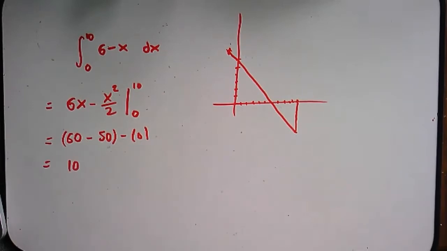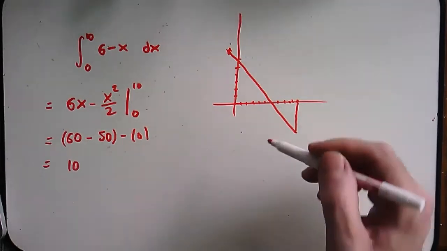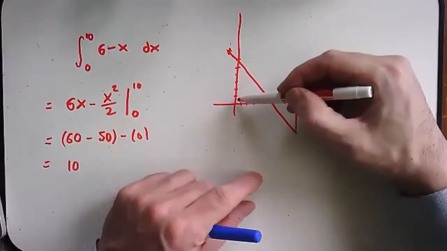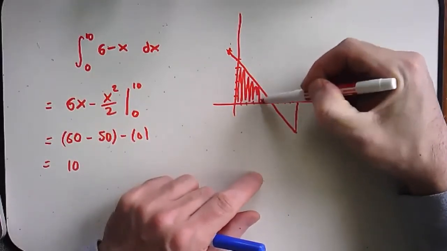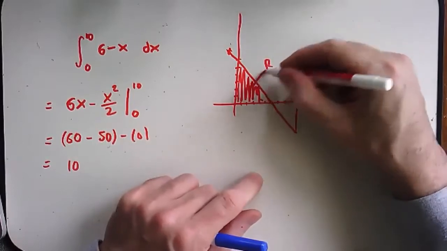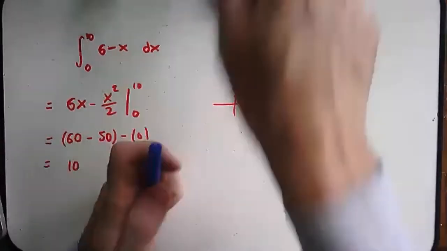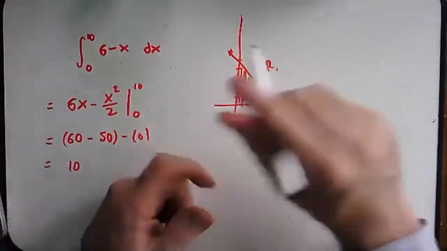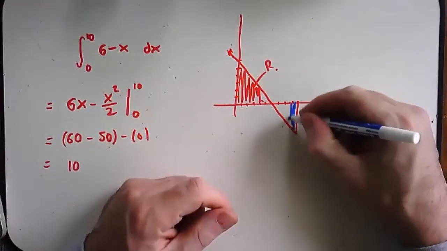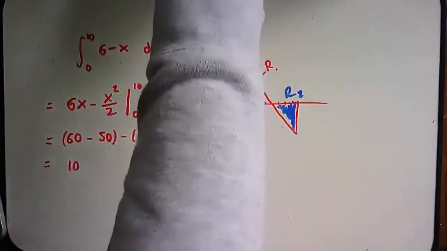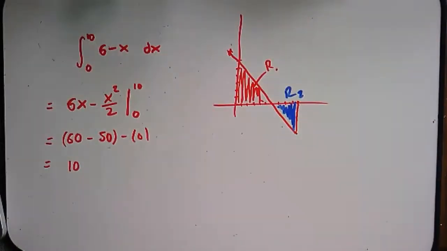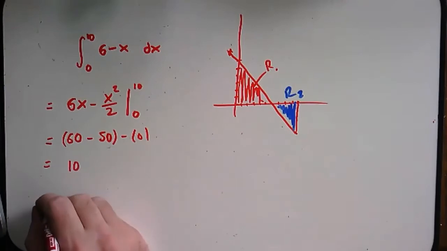So geometrically, since one of the regions is above the curve and one of the regions is below the curve, what that definite integral is doing is taking this area up here, if we call that R1, and then this region down here, which is R2. That definite integral is calculating the area above the curve minus the area below the curve.